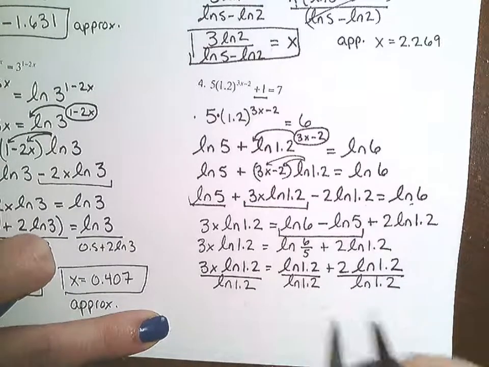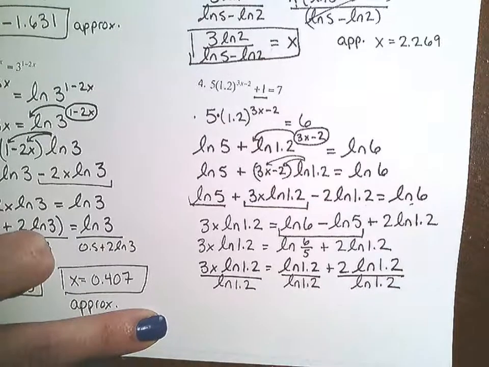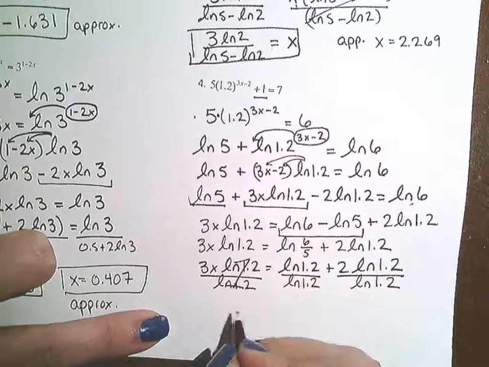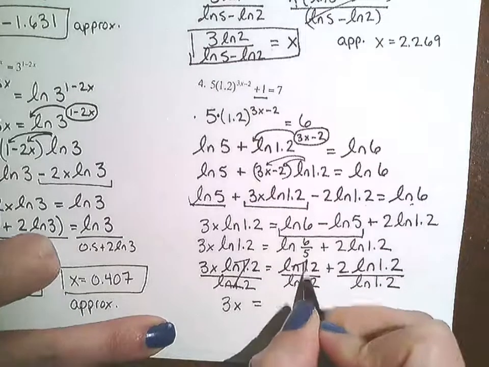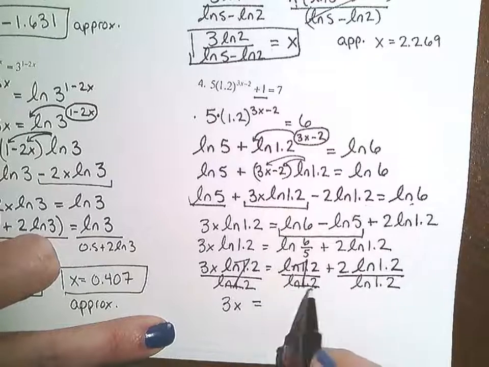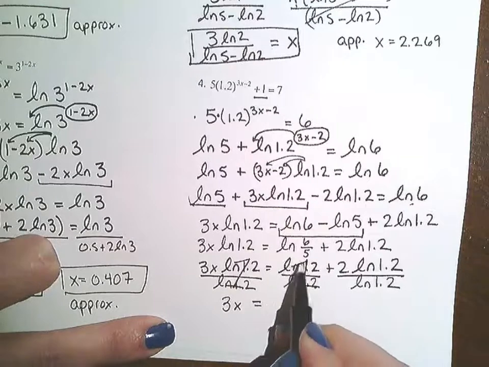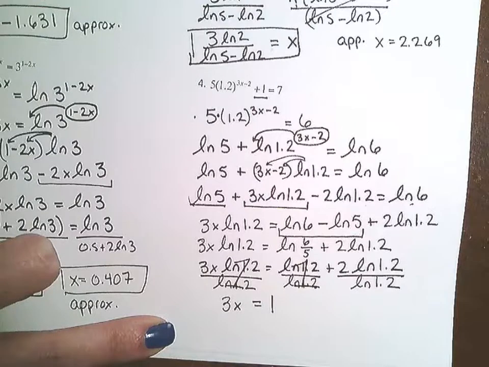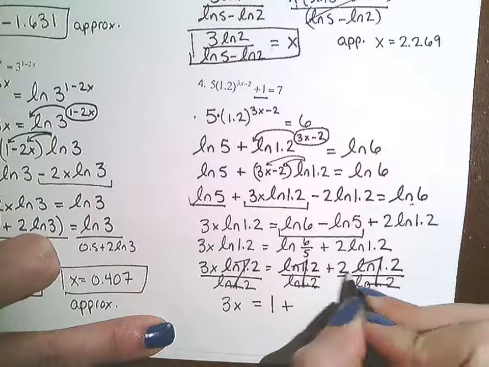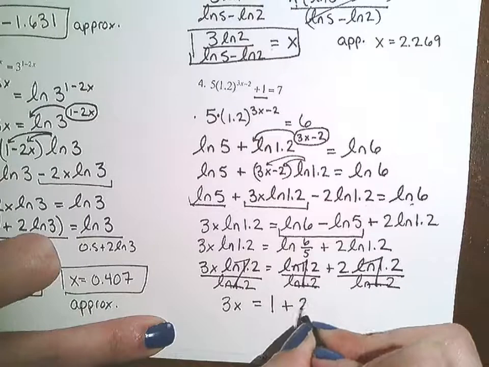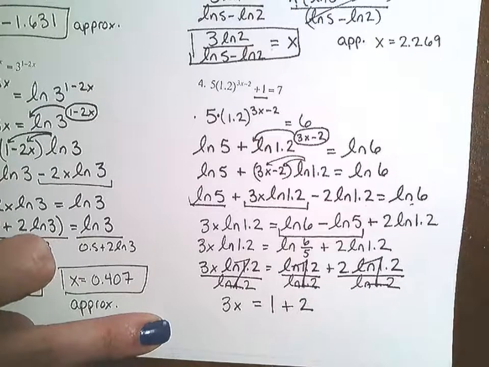So what actually ends up happening is this cleans up beautifully. That is gone. We're left with 3x. This cancels out, but because everything cancels out, remember, it turns into a 1 plus. And then this turns into a 1, and 2 times 1 is just 2. And that's all I'm left with.